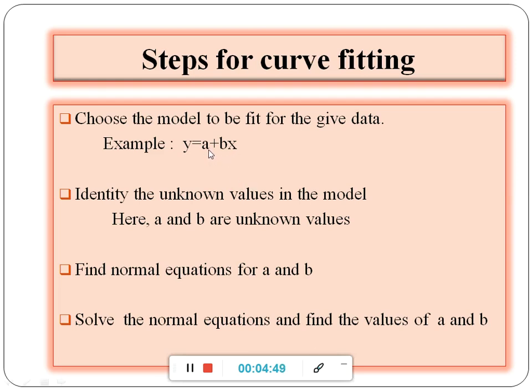The unknown variables are a and b. Then find the normal equations for a and b, as we have already seen in the last slide. Last and final step, solve the normal equations to find the values of a and b.